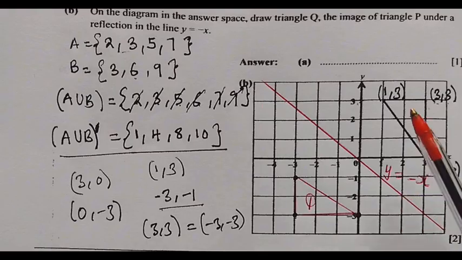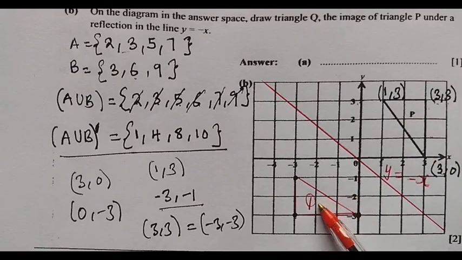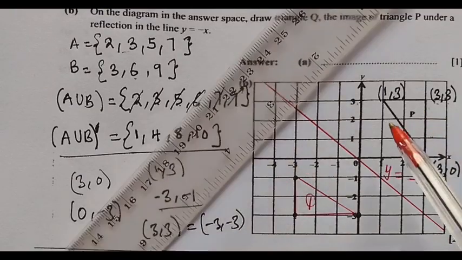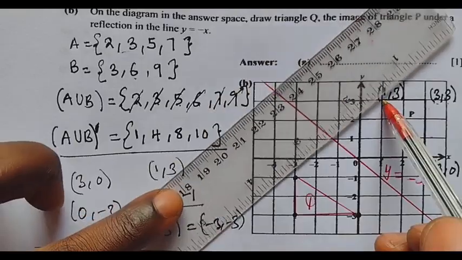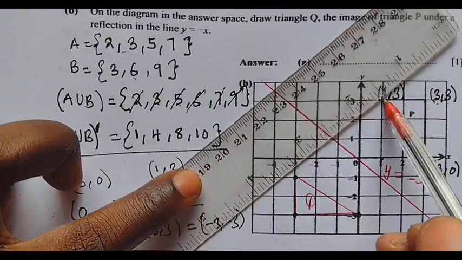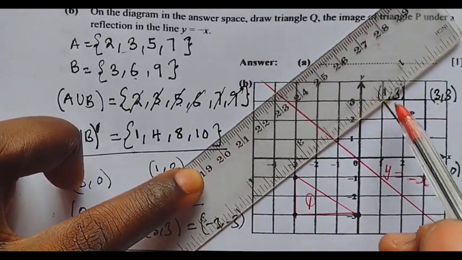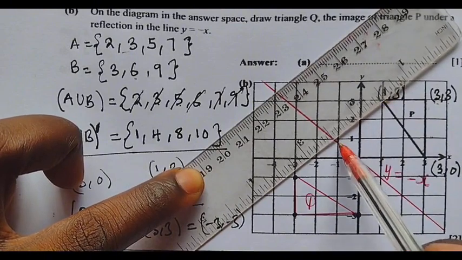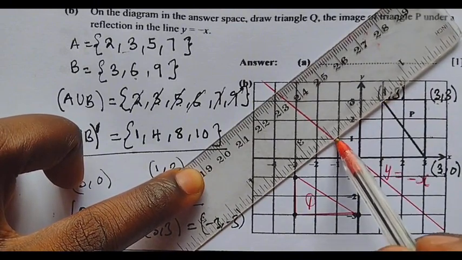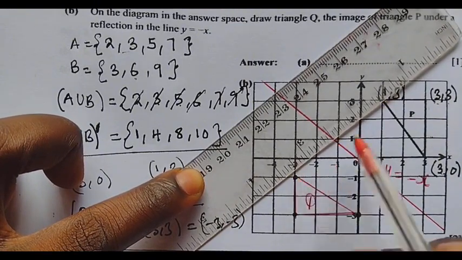So the distance from this image to the object should be the same. You can also use that method, whereby you count the distance that you move from this point reaching up to the mirror line, and also from this mirror line up to this point. Okay, I hope it's clear.